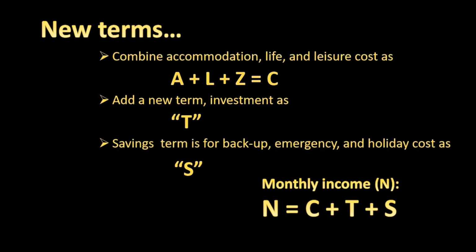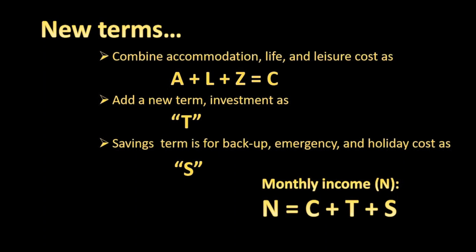And then I put savings now as backup money, some emergency money, and I included my holiday costs here. So again, the first formula is: the total income is equal to C, the costs, plus T, the investment, plus S, which is my backup, emergency, and holiday money.